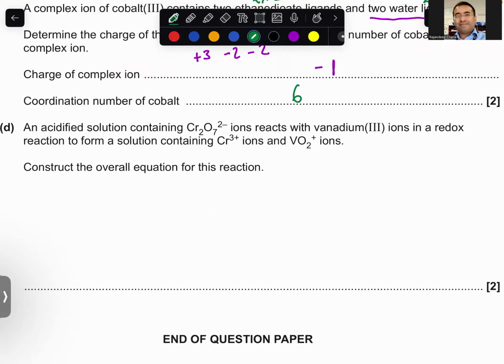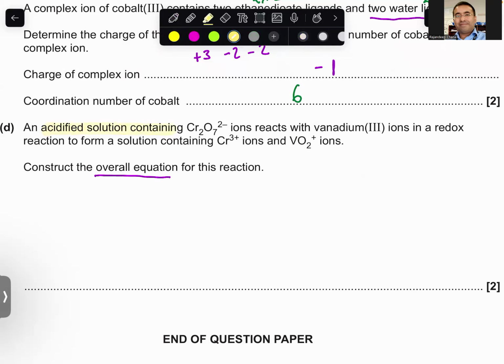This is a redox titration equation, and redox equation. These questions tend to be very poorly answered. Let's break this down. We're going to convert the words from the question and form an equation. Construct an overall equation. Let's have a look.